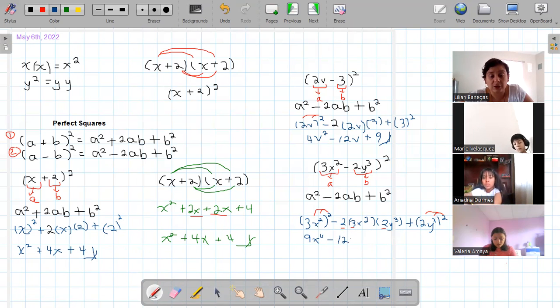So we're going to say x to the square, because the x comes first, and then y to the cube. Okay. Plus, how much is 2 to the square? 4.